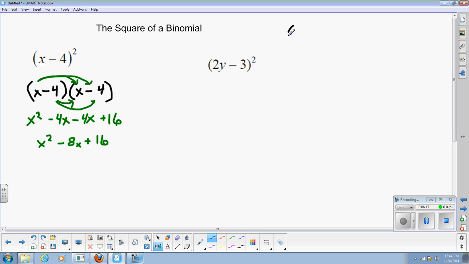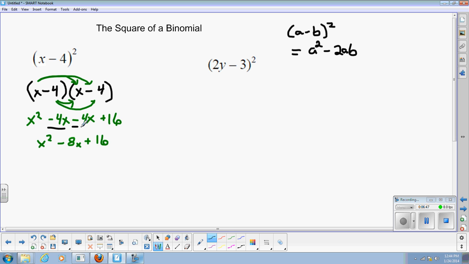would be something like this, that you have a minus b squared. And the answer to that will always follow this pattern, that the first term a will be squared. So I have x times x, that's x squared. Then you have 2 of a times b. And notice here we did x times minus 4, and that appears twice.